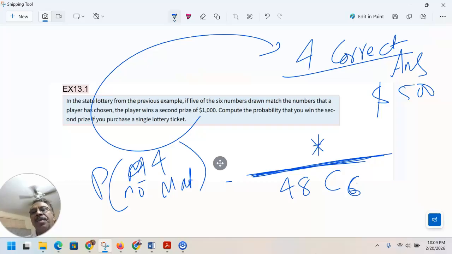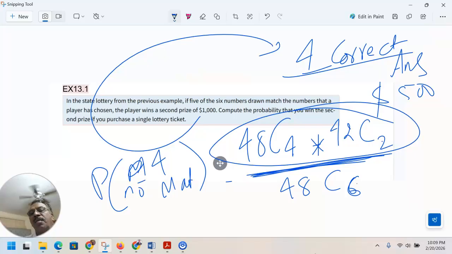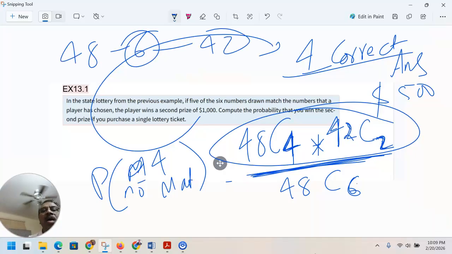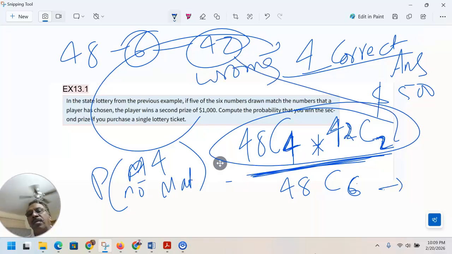But here, your four match means from 48, you got four correct, but you got two wrong. That means from 42, this is the confusing part. This is four because you got four correct and you got two wrong. The two wrong is from 42 because from 48, if you subtract 6, because 6 are correct, 42 are wrong. So from 42, you have these two. Put it on the calculator, you get the answer.